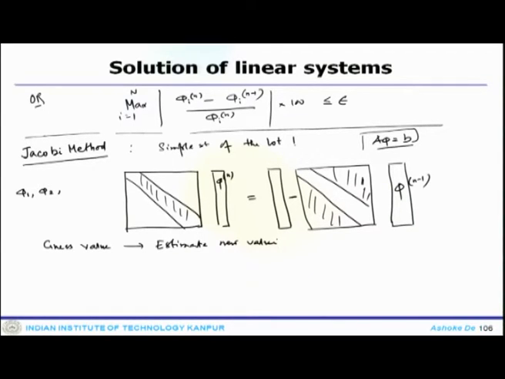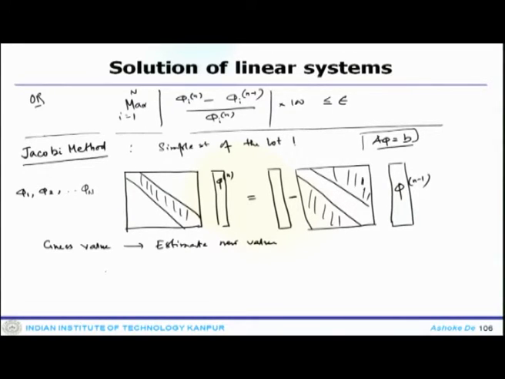So essentially at the first level you assume some guess value and obtain the other values in the domain, and then using those values you correct it and check whether the solution is converged or not.